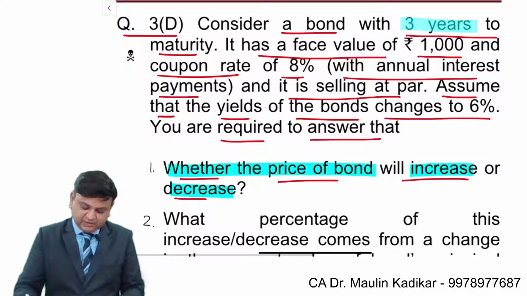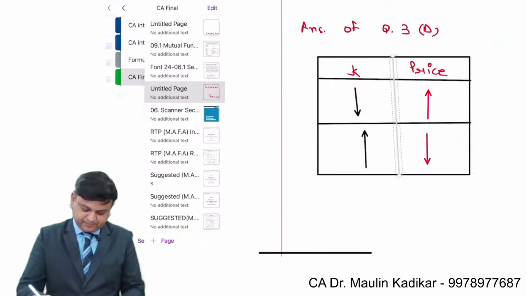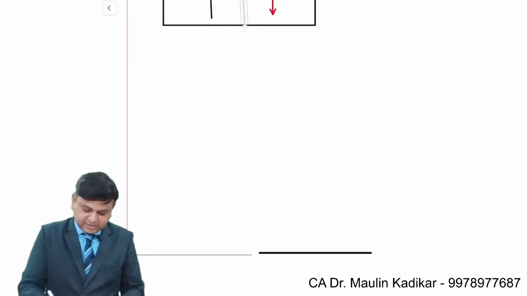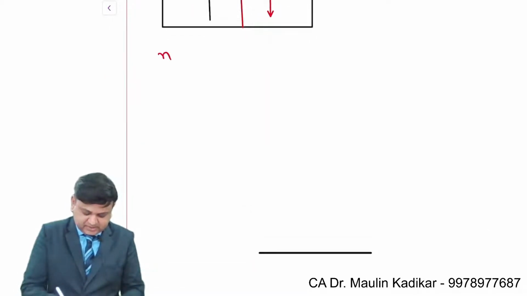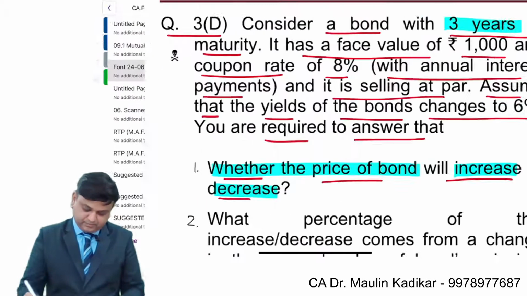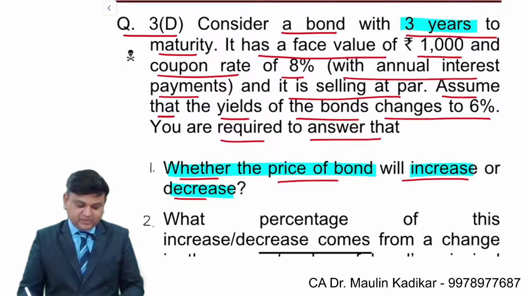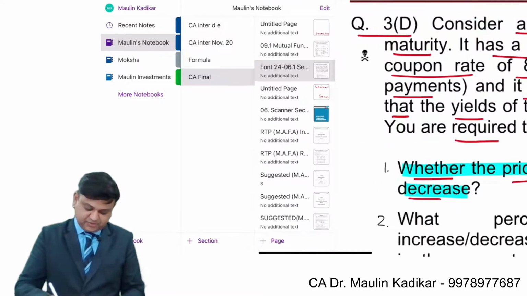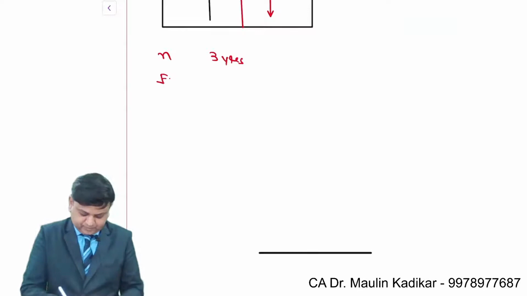Now as far as this question is concerned, the question says like this: a bond having 3 years to maturity. So the time period is provided as 3 years. It has a face value of rupees 1000 and coupon rate is 8%. Face value is rupees 1000.